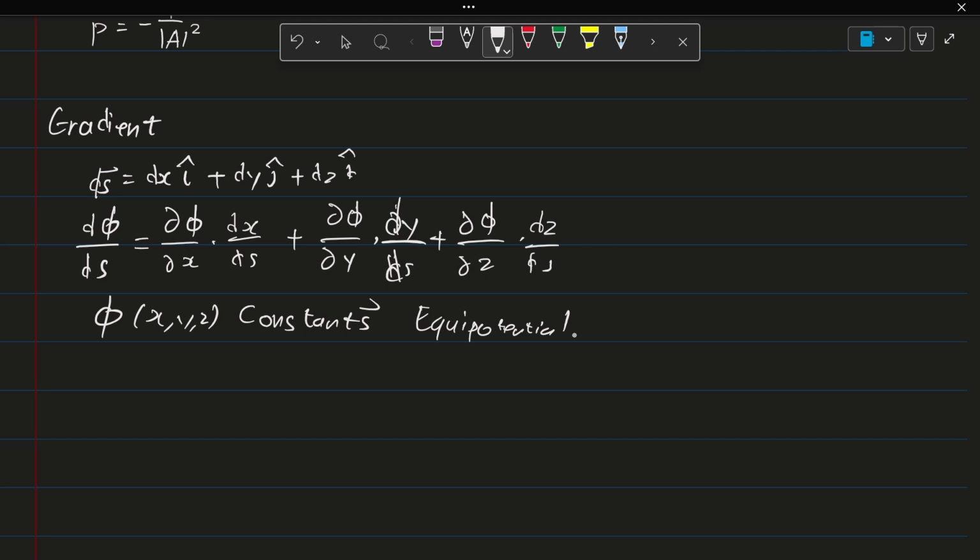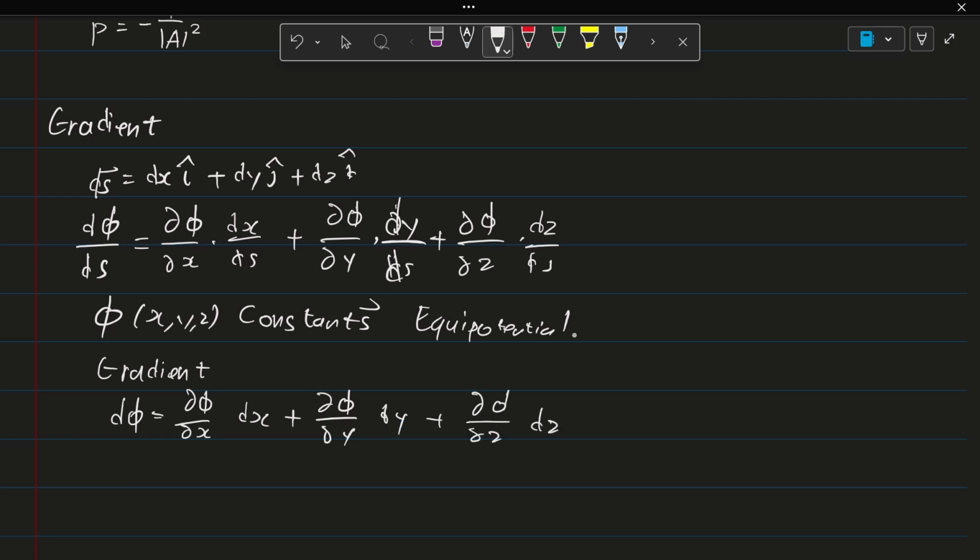So now we can try to define what gradient is. So if you multiply everything by ds, you could get d phi equals partial phi over partial x dx plus partial phi over partial y dy plus partial phi over partial z dz.